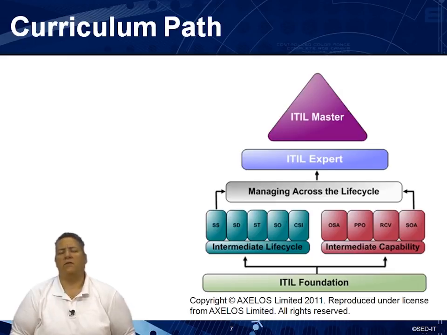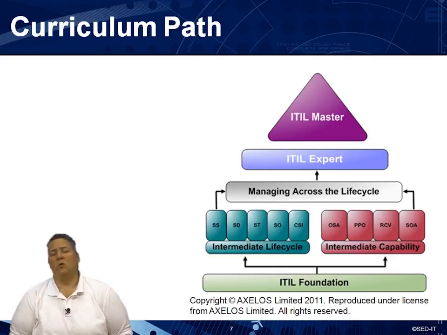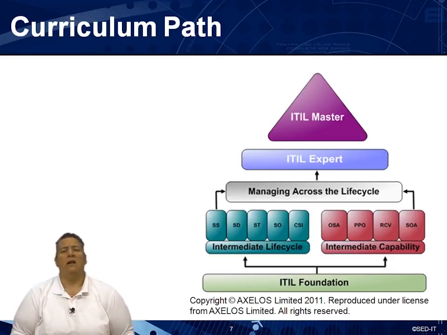So we're going to be focusing very heavily on the activities of the various processes in these 4 groups: service offerings and agreements, planning, protection, and optimization, release, control, and validate, and then operational support and analysis. There's a lot of overlap between the capability and the life cycle, but if you are more of a manager, I suggest the life cycle. If you're more of the practitioner and the doing side, or you're responsible for the design and development of a process, consider the capability side.